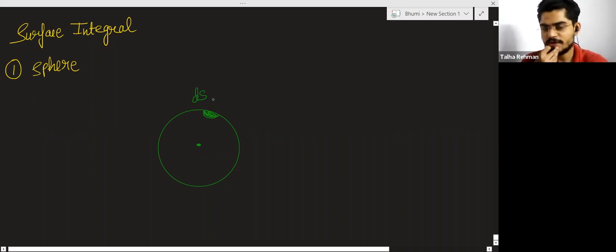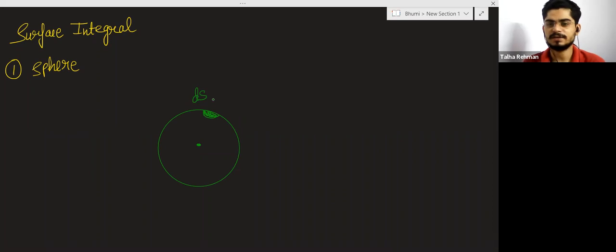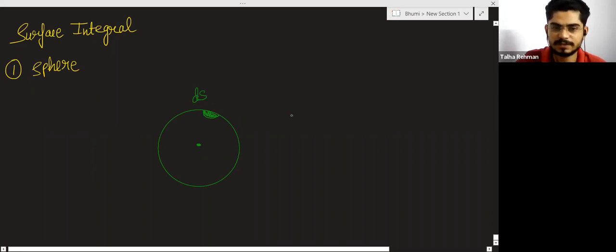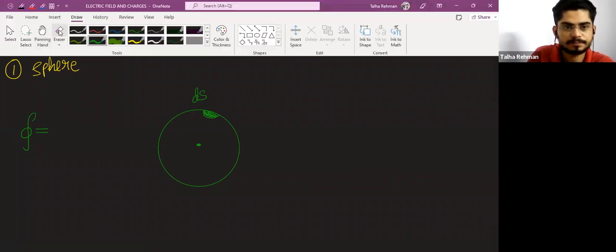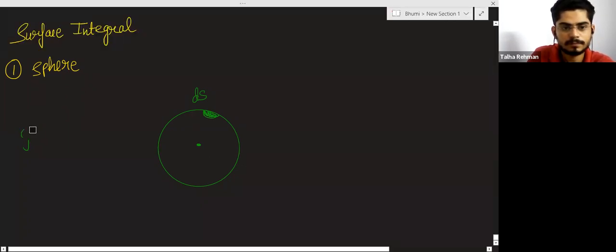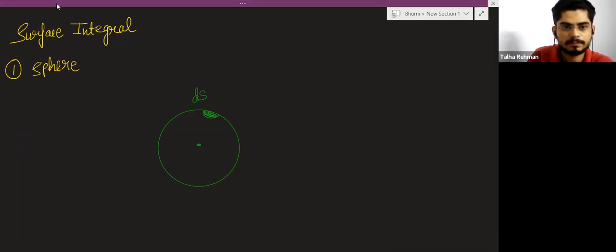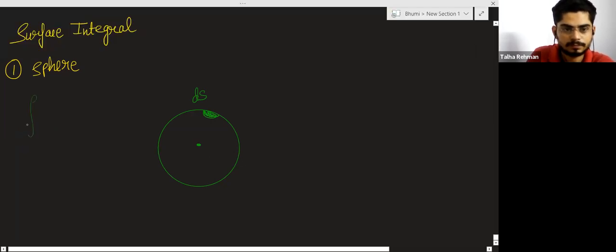So if you want to calculate the whole surface area of this, meaning the surface integration of this, it will be written like this.